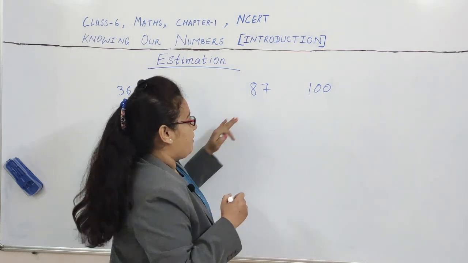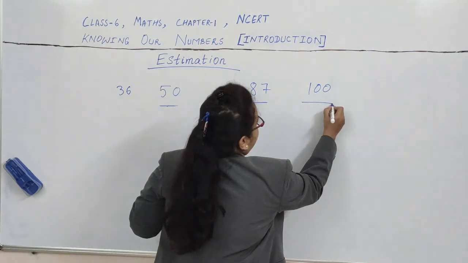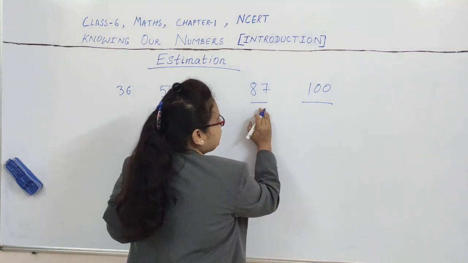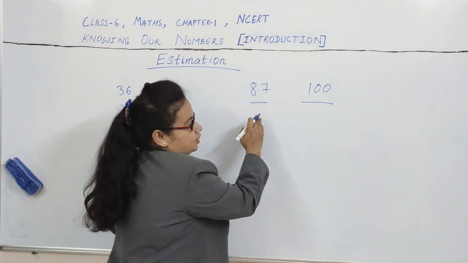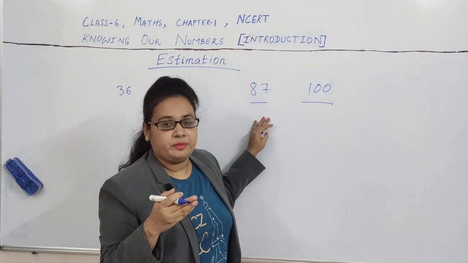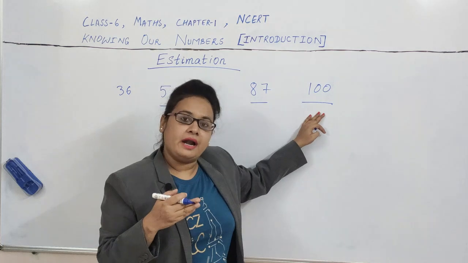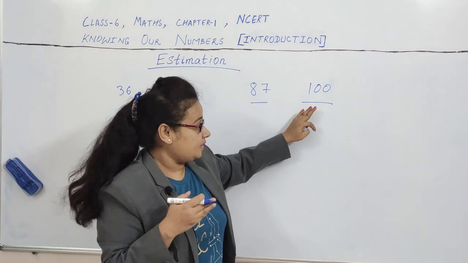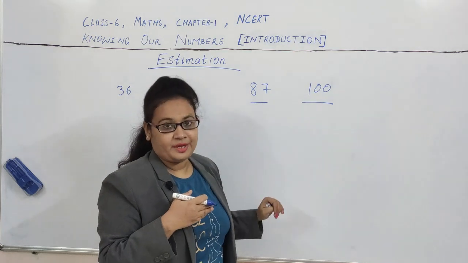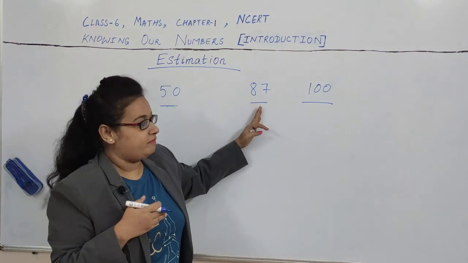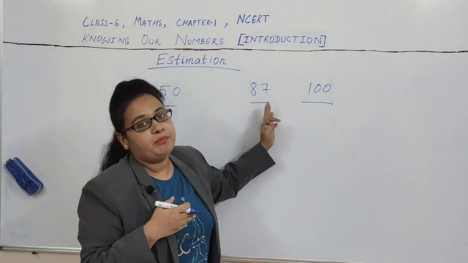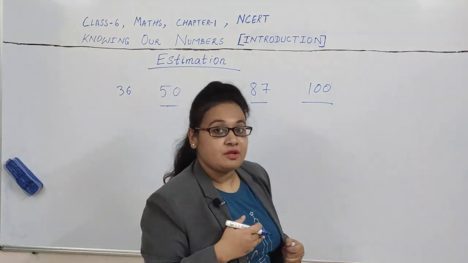Means you are approximating this number to this. You are thinking that 100 is a good approximation of 87. So you will say that there are 87 guests to be invited and we are ordering 100 plates. So you are not going to order the exact 87 plates. You are going to order some more number of plates, which is not fixed.